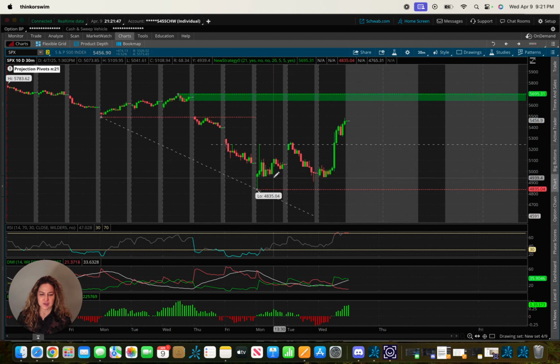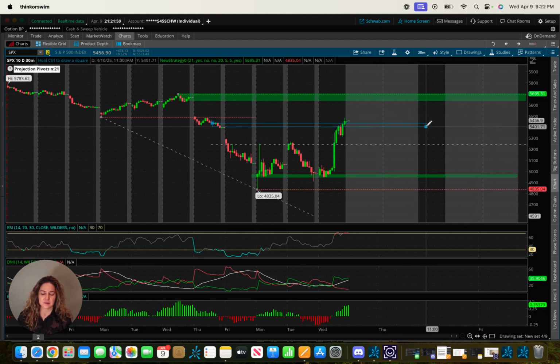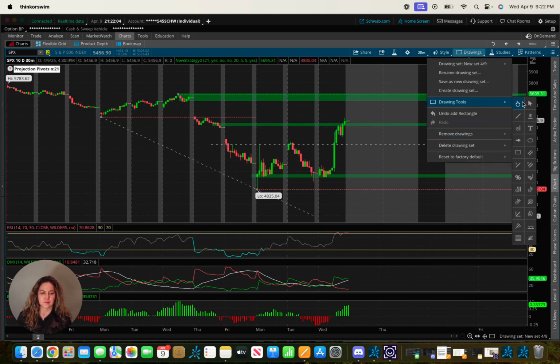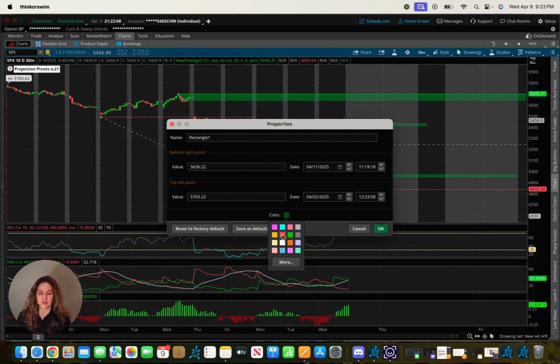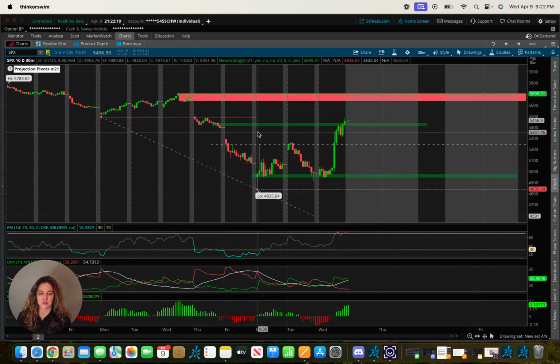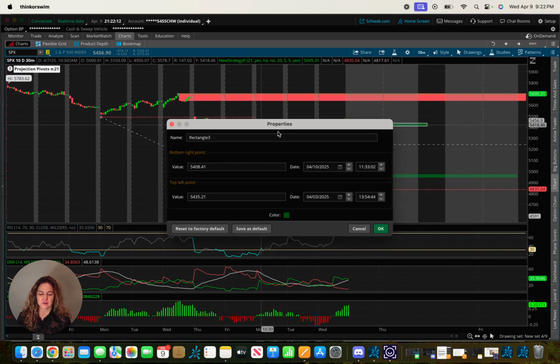I'm going to say this is our demand zone right here, and then here's another supply zone down here. Okay, so that's first because we need to mark out where our levels are of possibly where the market could go. Right, so there's one.